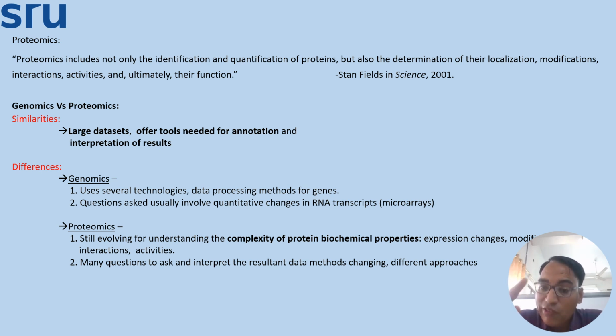Localization means where exactly the protein is functioning in the cell. What are the exact post-transcriptional or post-translational modifications going on in the proteins? How is the protein interacting with other proteins, and what activities are played? Based on all of this, the ultimate function is defined, which is the key concept of annotation, as published in Stanford's paper in Science 2001.